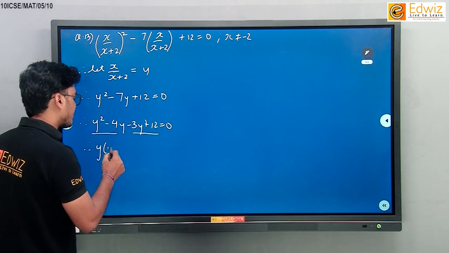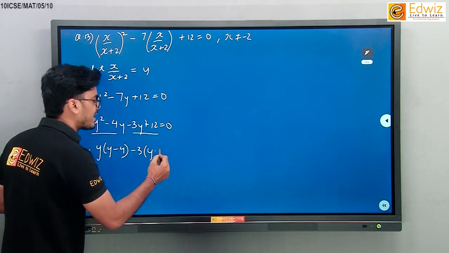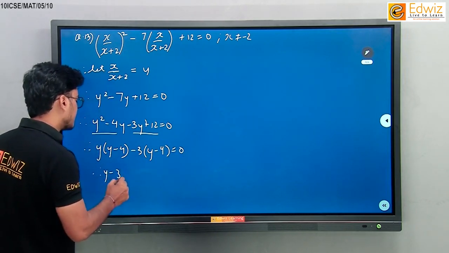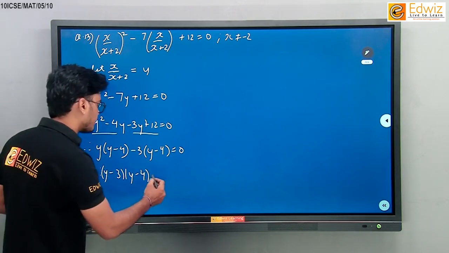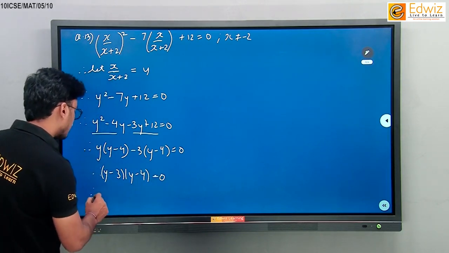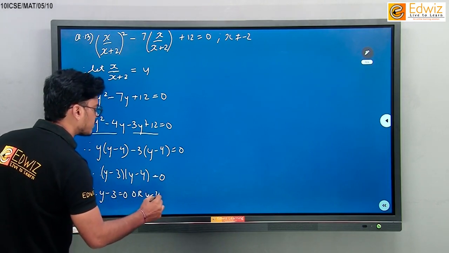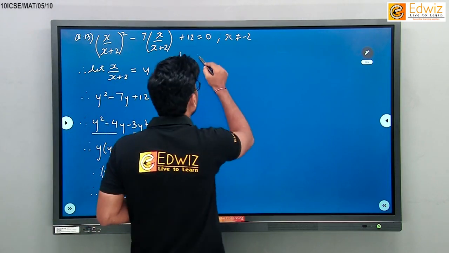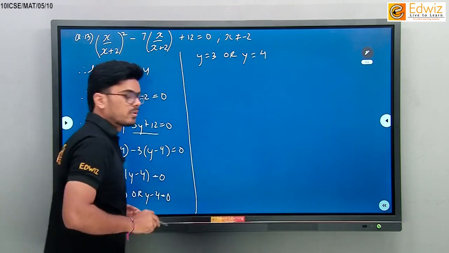Here y is common, y minus 4. Here minus 3 is common, so sign will change, y minus 4 again. The two brackets are y minus 3 and y minus 4 equal to 0, which makes y minus 3 equal to 0 or y minus 4 equal to 0, which means y is 3 or y is 4.